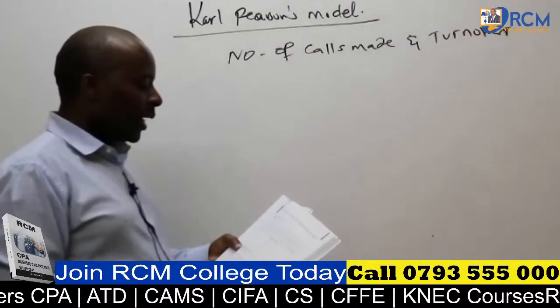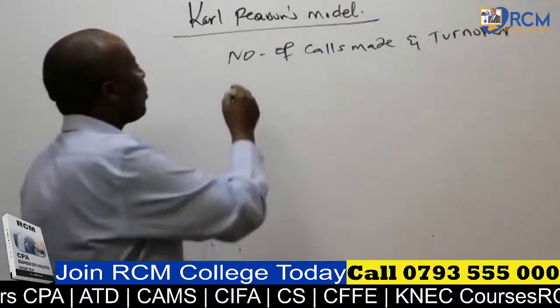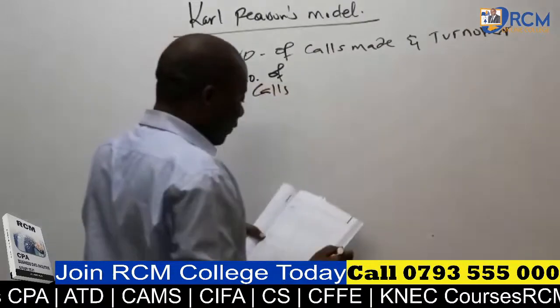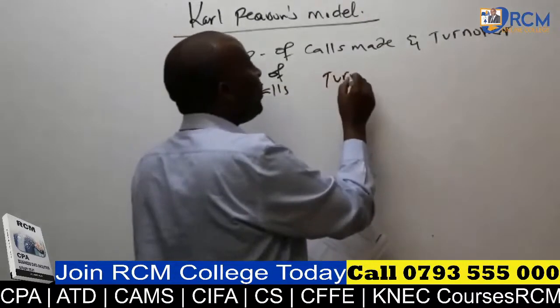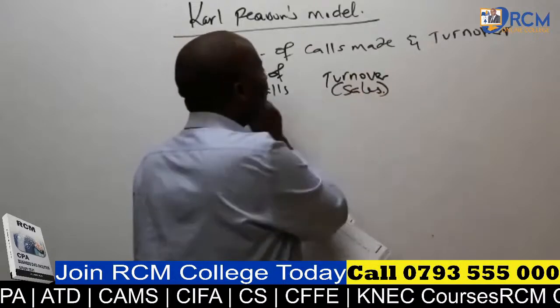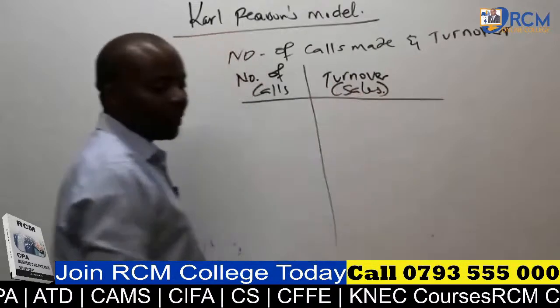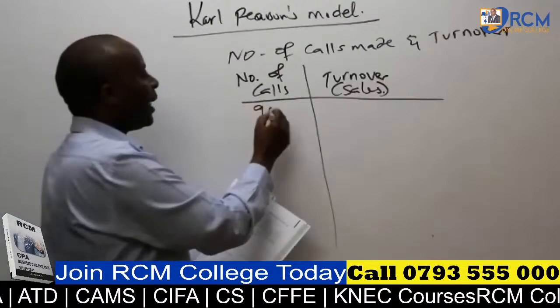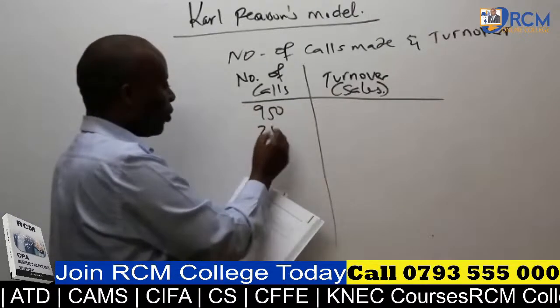And then they have gone ahead, ladies and gentlemen, to give me the number of calls. And then they have given me here turnover. Please remember that turnover is the same as sales. So here they have given me 950. Here they have given me 250.